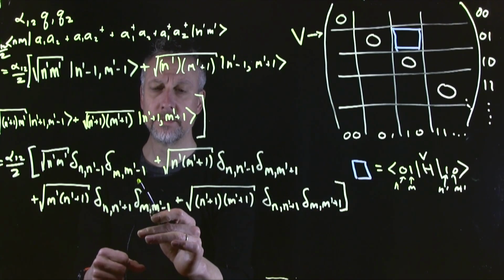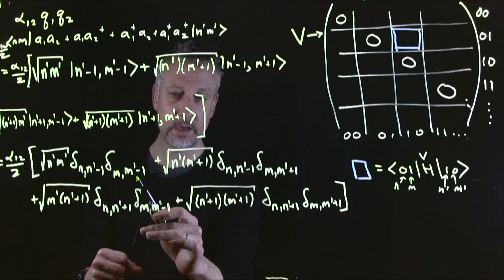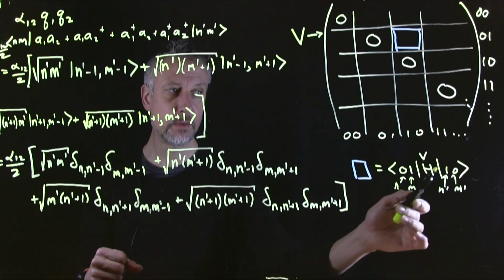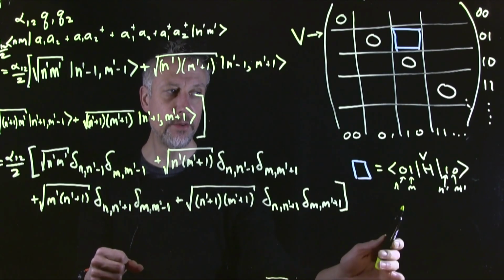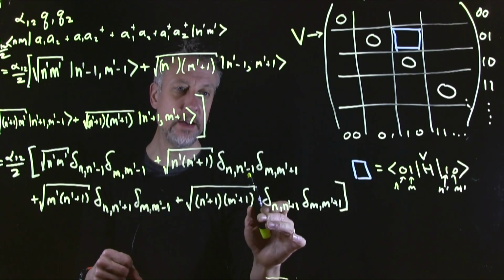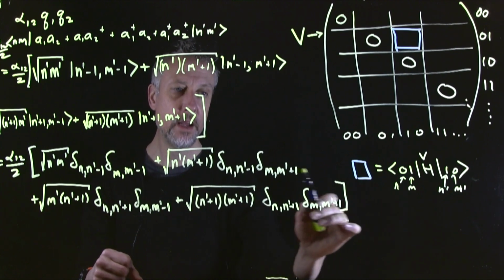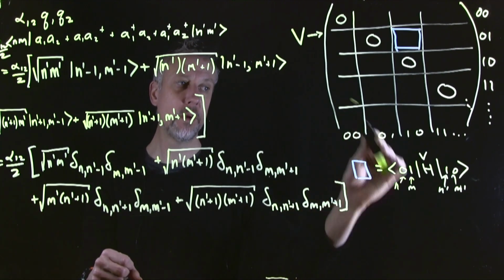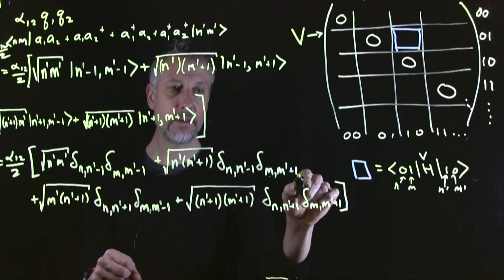So this term does not contribute, because this would be the same as that one. So that's not this term, but there is another one which has this pattern. Here we have n prime minus 1, so that satisfies this 0, 1 for the n's. And here is m prime plus 1, so m goes up. So that's going to give us this term here.